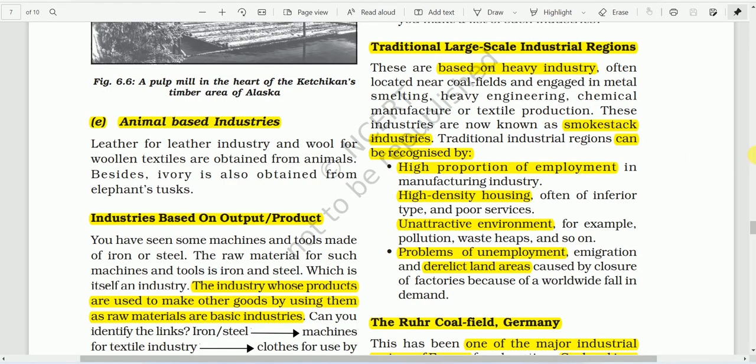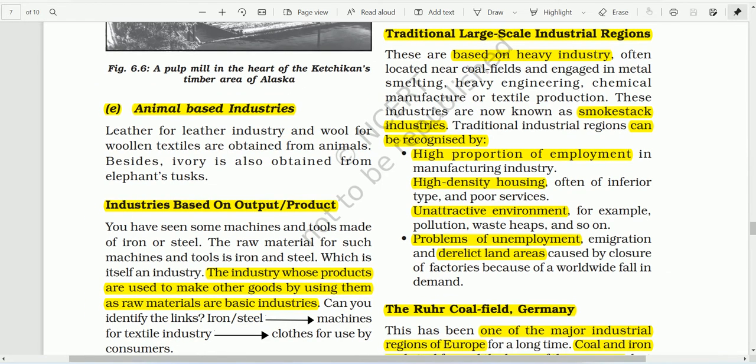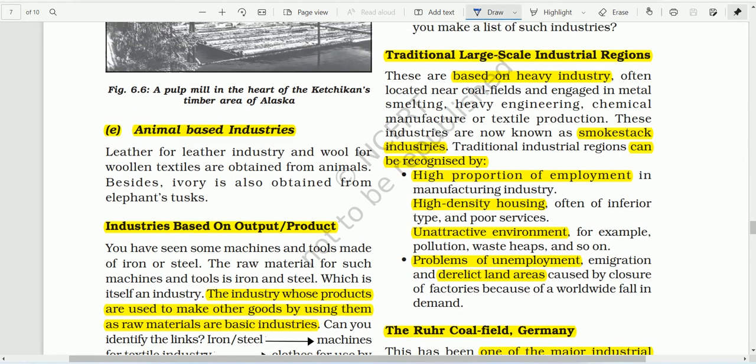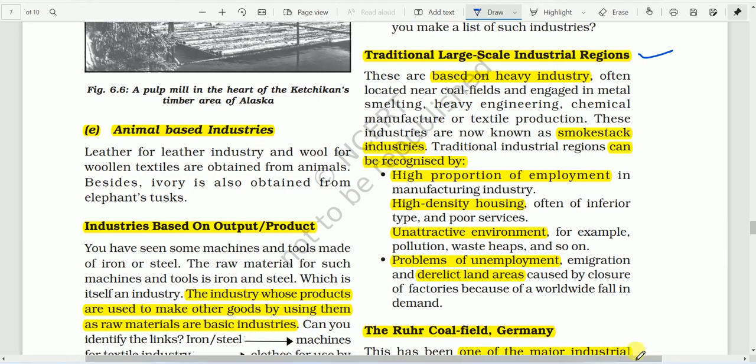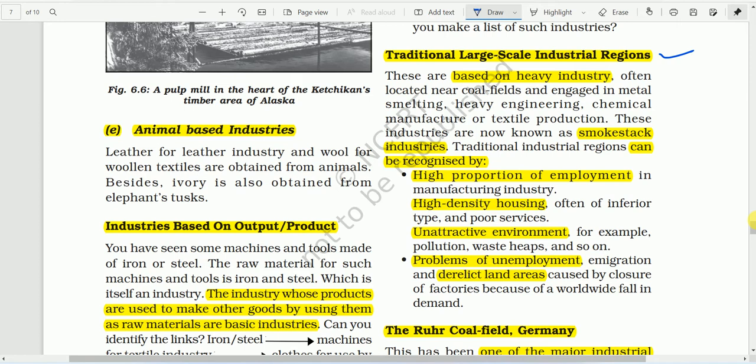So here is the text. Traditional large-scale industrial regions are based on heavy industry, for example, the iron and steel industry and heavy engineering industries.